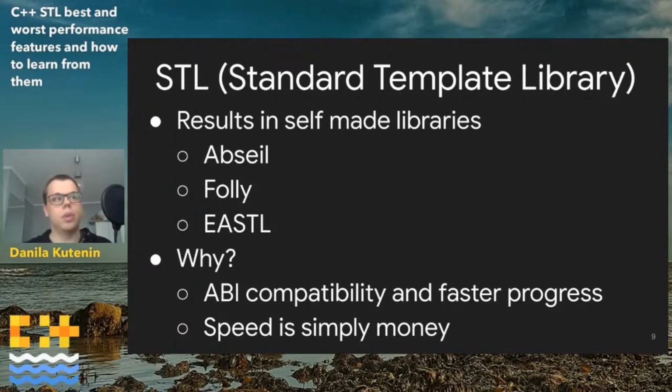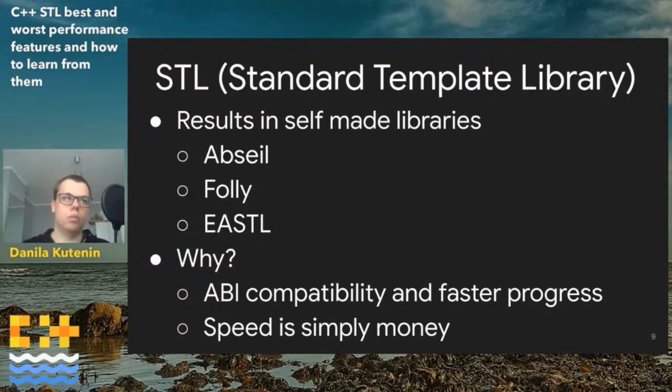As already mentioned, the standard for now appears like once in 3 years. It's not always convenient to wait for it. Also, these libraries don't provide ABI compatibility, which we'll talk about later on, or API compatibility. So they can change over time, they are more flexible.